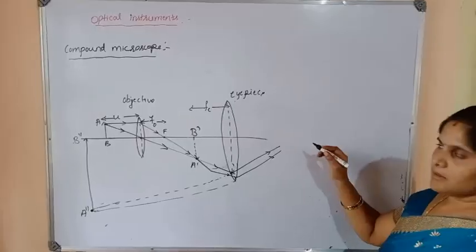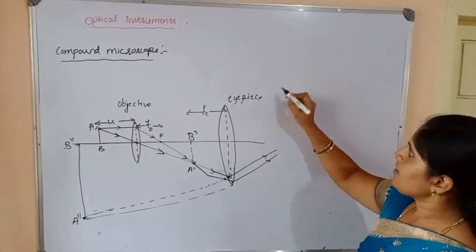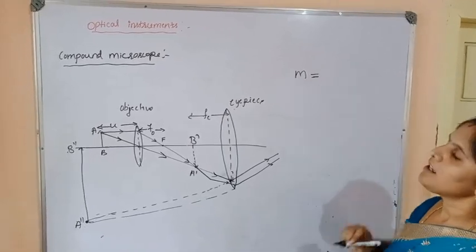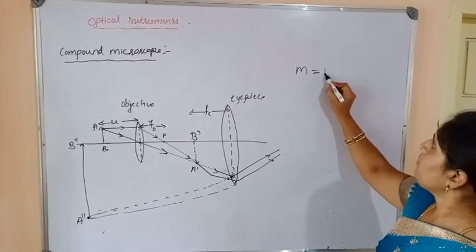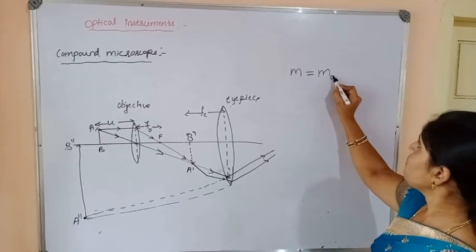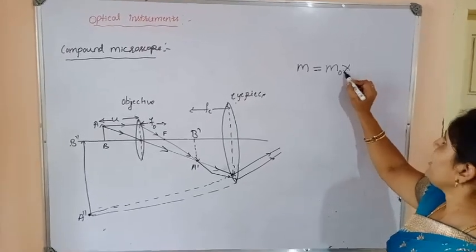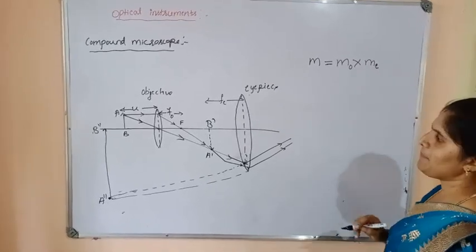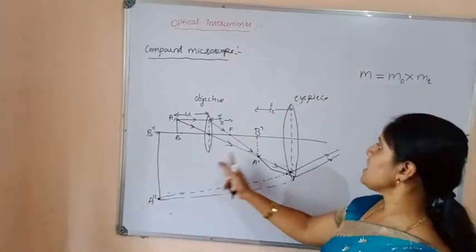Okay. Let me write the expression for magnification power. In this case, magnification power is the product of the magnification power of the objective and the magnification power of the eyepiece, because this compound microscope has two lenses.